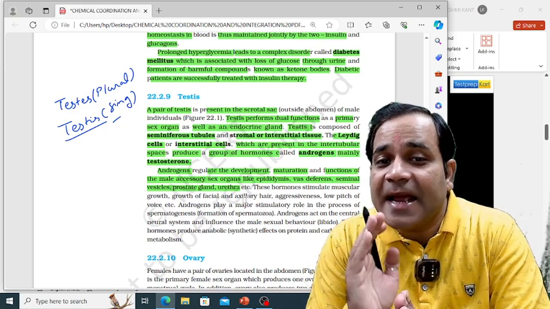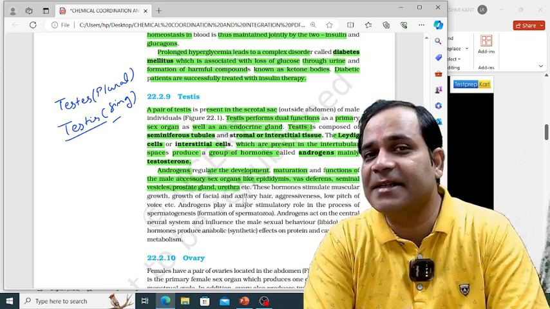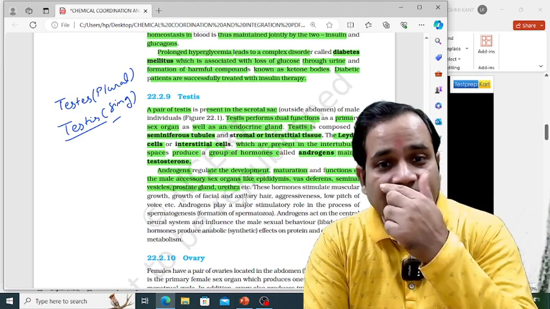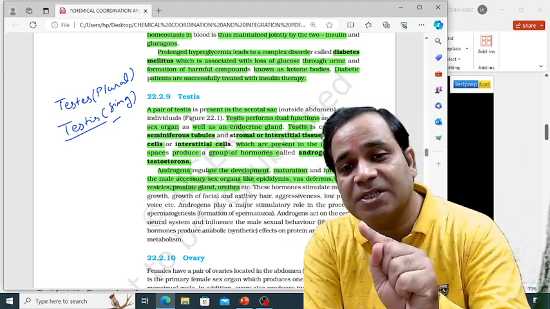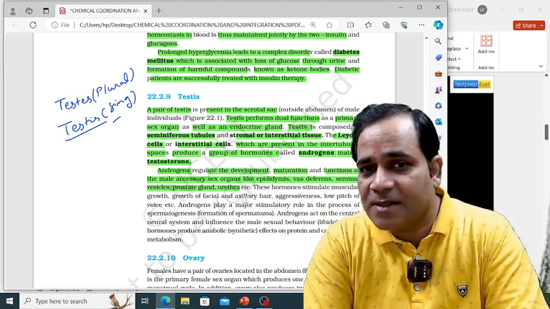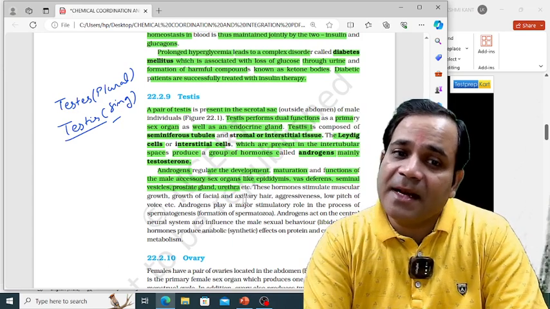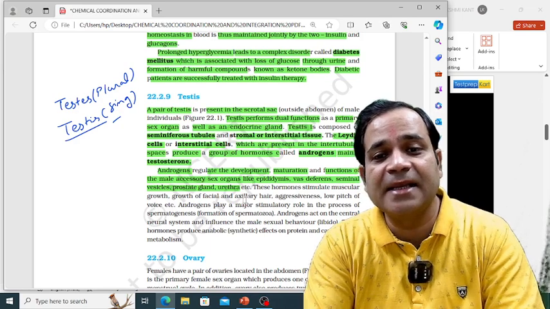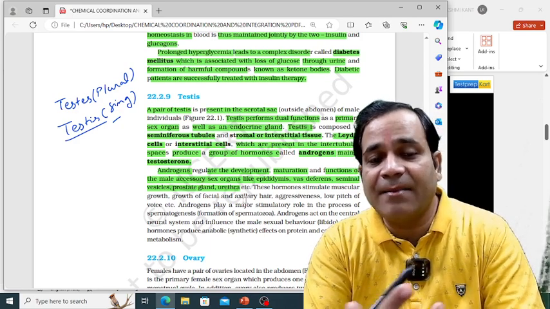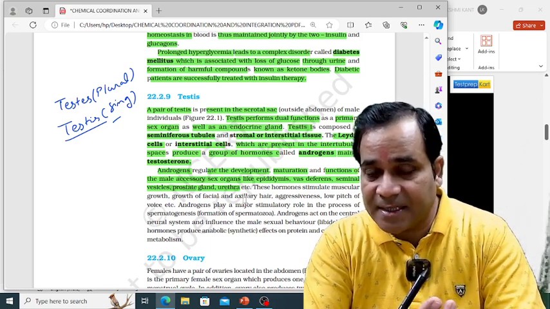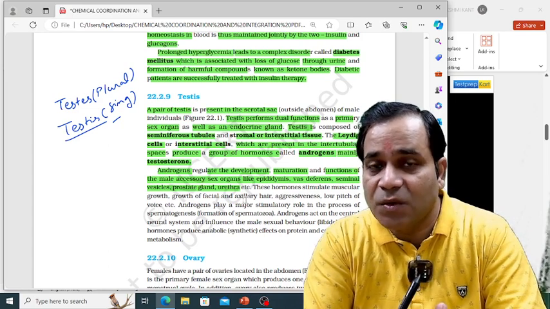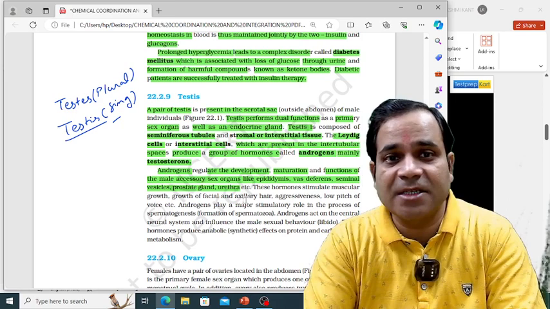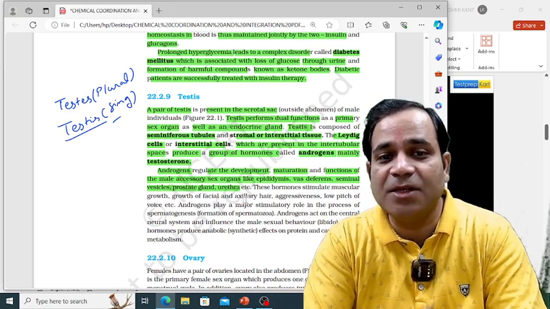So the main function of androgen, mainly testosterone, is to regulate the development, maturation, and function of the male accessory sex organs: the epididymis, vas deferens, seminal vesicles, which are glands that create seminal fluid, the prostate gland, and the urethra.